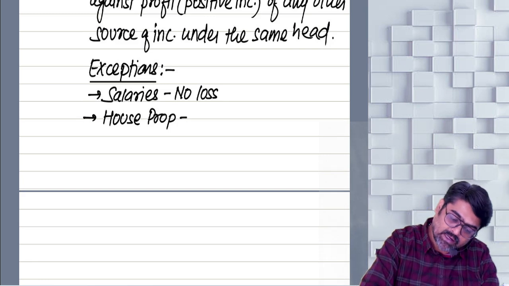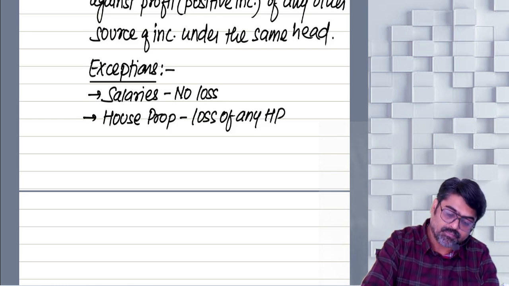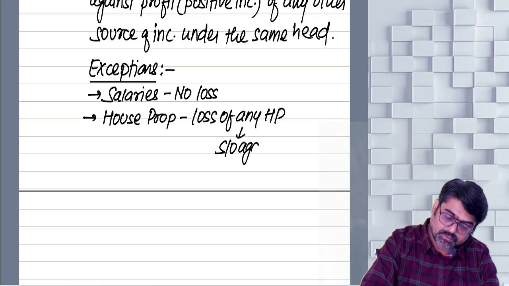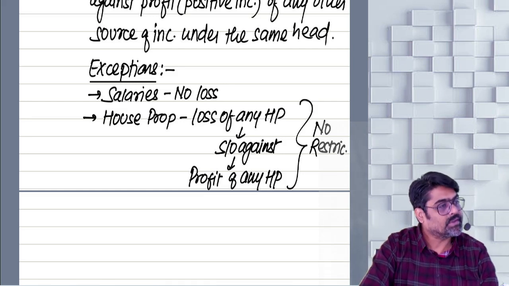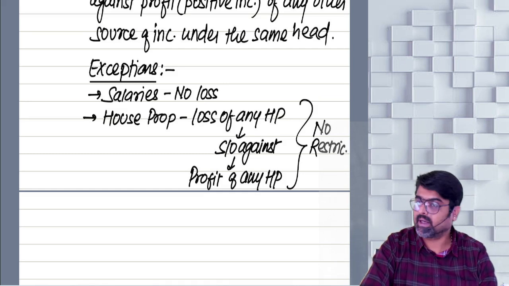So can I say under the head house property, loss of any house property can be set off against profit of any house property, positive income of any house property, meaning there is no restriction. Understanding or not? So two heads are done.